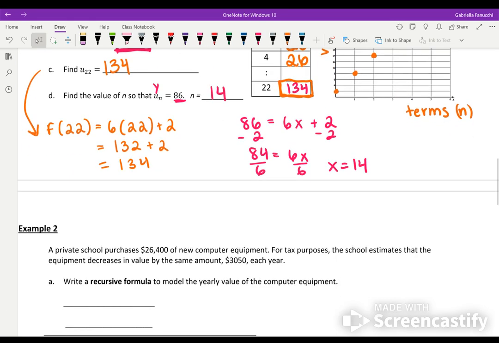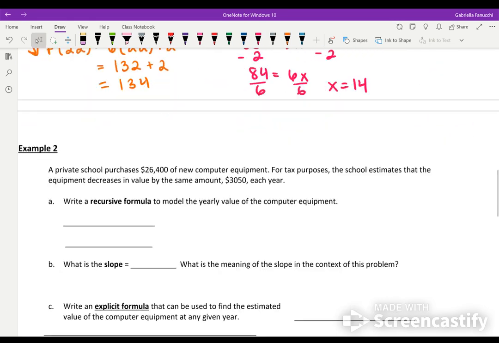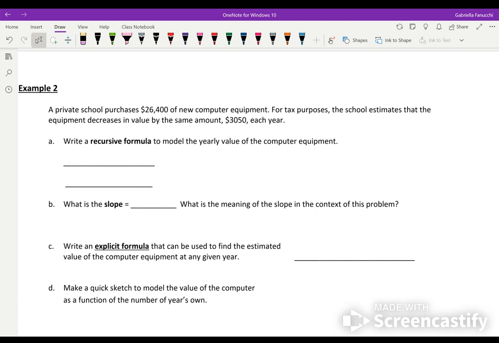All right, let's go ahead and look at example 2. So a private school purchases $26,400 of new computer equipment. For tax purposes, the school estimates that the equipment decreases in value by the same amount of $3,050 each year. So it decreases in value, and it's decreasing by the same $3,050.